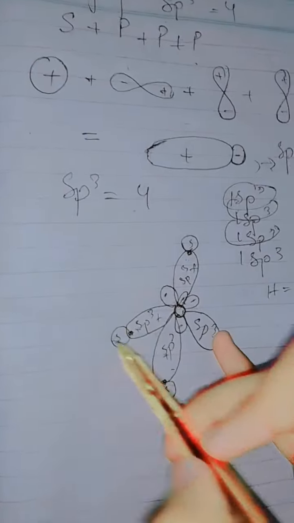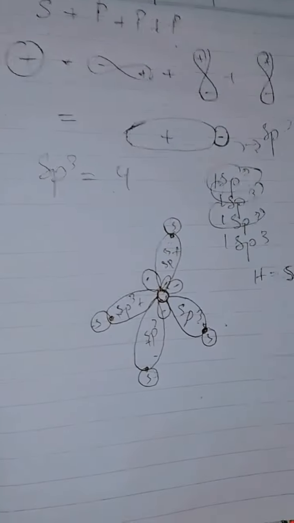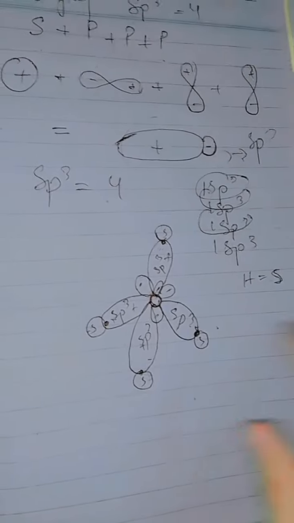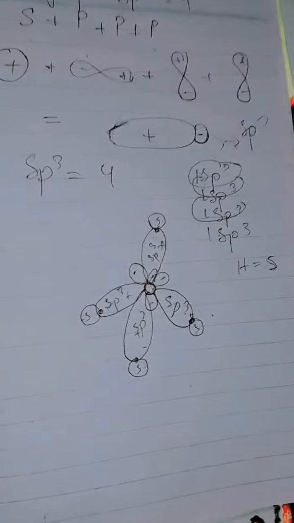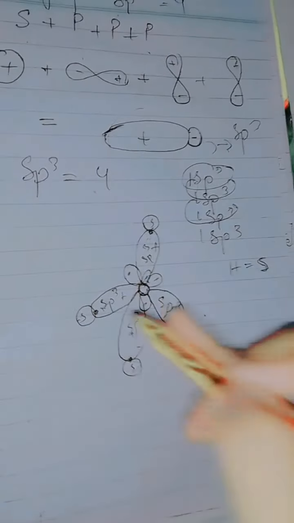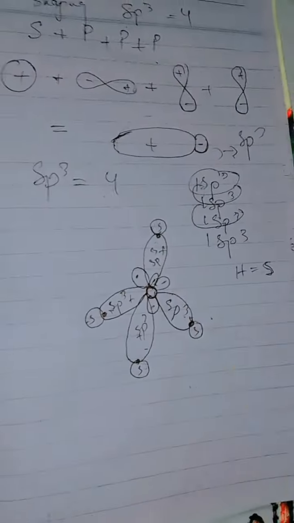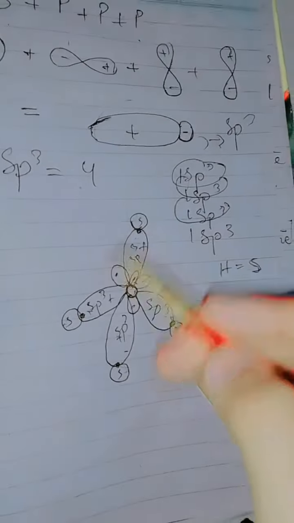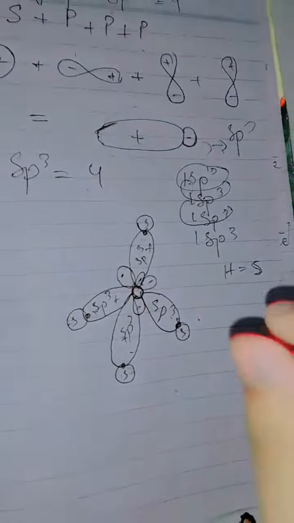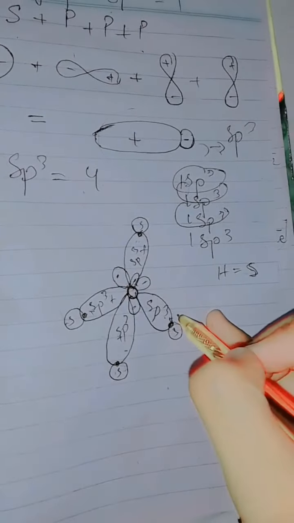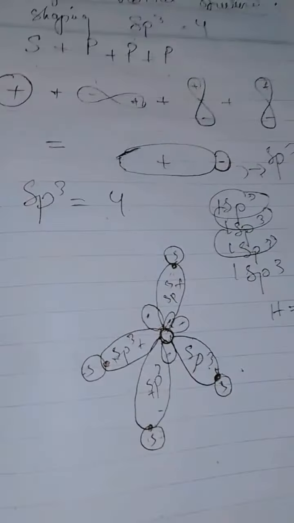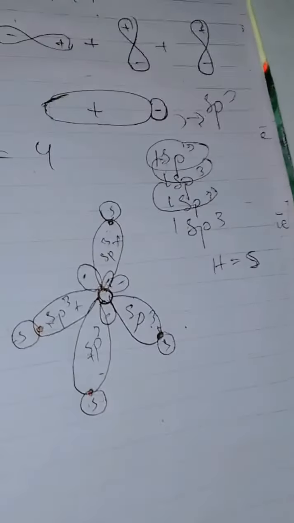Basically sometimes this s subshell is not mentioned, many people do not mention it, because s has a higher energy level and a higher energy level does not show its shape. So they do not make any shape or geometry, only the hybrid orbitals that have a lower energy level make the geometry.